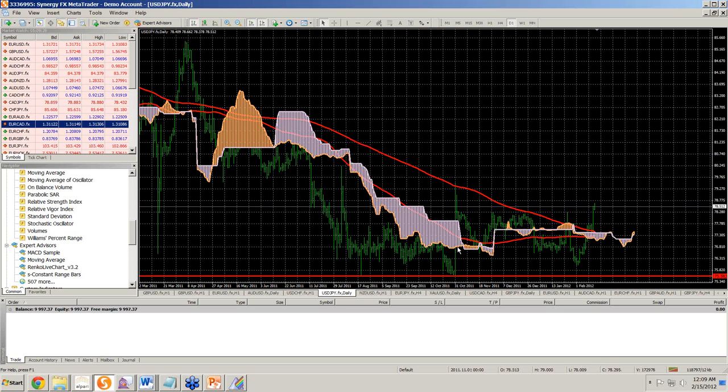This was during the BOJ intervention, and it ran pretty much right here to this 200 period moving average and pulled back. And then as the market kind of cruised along, it used this as its level of resistance, and then finally when we did get a breakout, we broke out above, and we've seen more movement on the dollar yen of late than we have in the last 4 months.